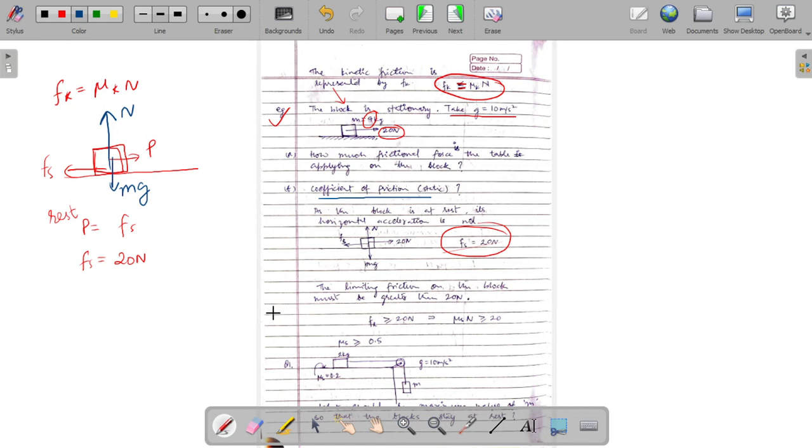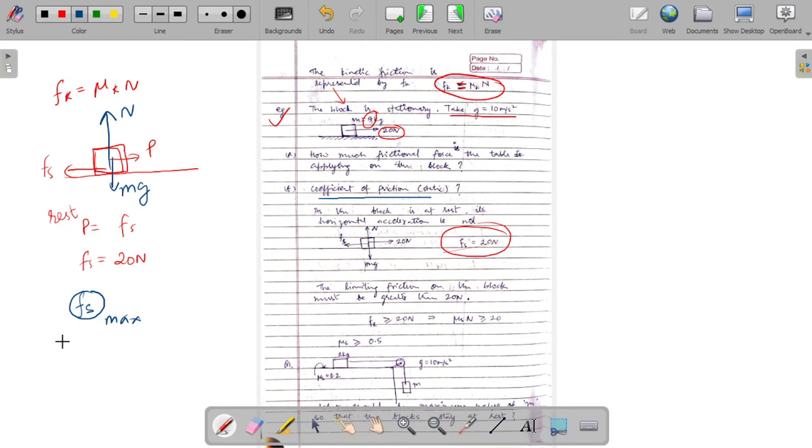So that means that the force acting on the block, that is the static friction which can act on the block, that is Fs maximum, the maximum value of static friction. What value should this maximum value of static friction be?